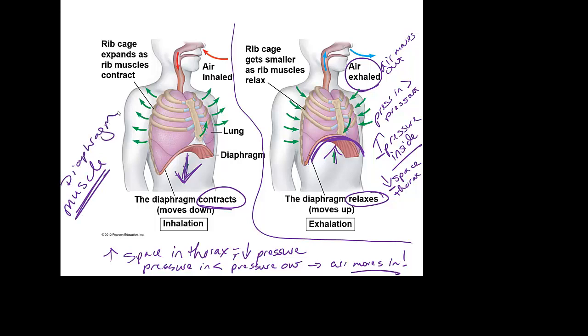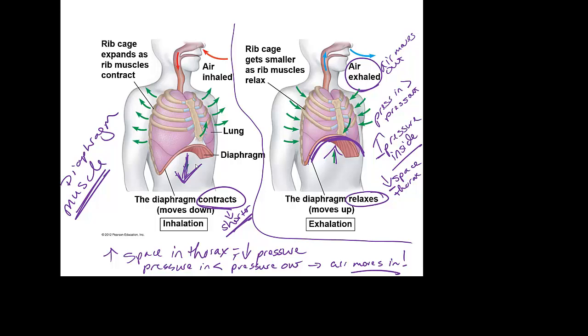The diaphragm muscle itself is actually contracting. When a muscle contracts, it gets shorter. So if the muscles are getting shorter, they're pulling this down. When it pulls this down, the pressure inside the chest cavity goes down. When the pressure inside the chest cavity goes down, pressure is higher outside than inside, air rushes in.